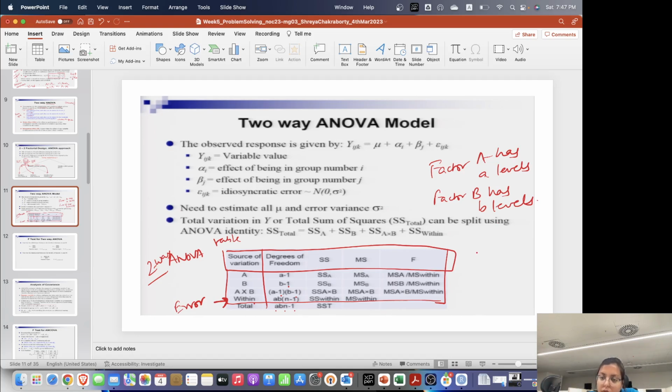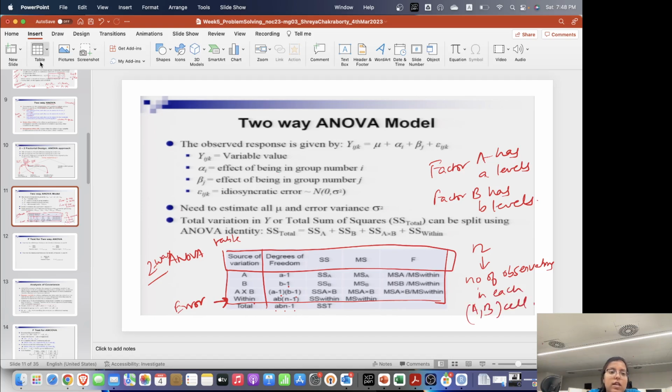Okay, so from here it is implicitly assumed that n is the number of observations in each AB cell.